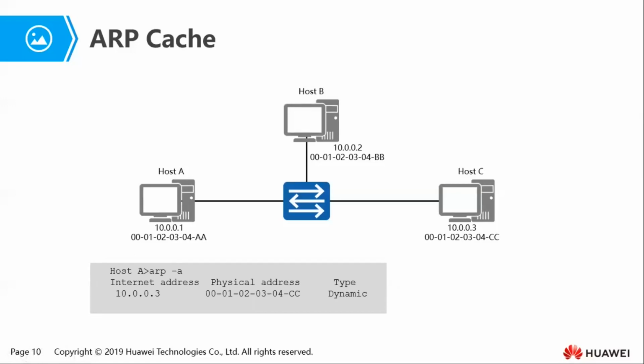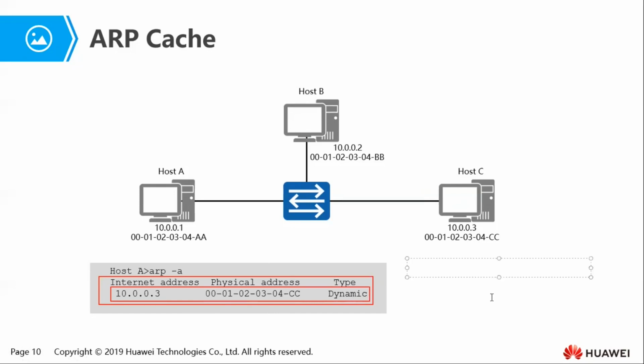So now if we do ARP -a in host A, we should see that it has already updated the details of host C in its ARP cache table. Now, something important to note is that this entry that is made in the ARP cache table is actually temporary.